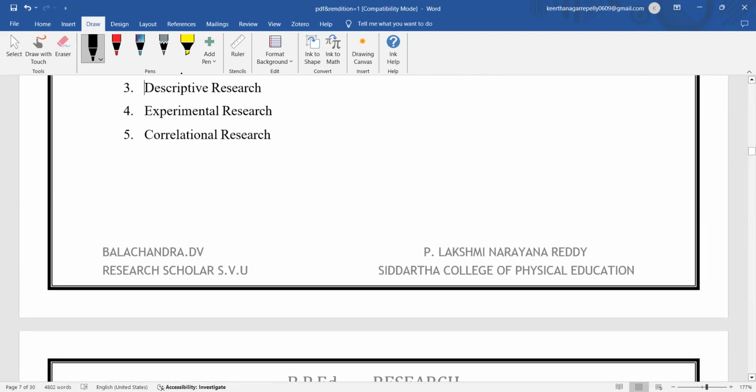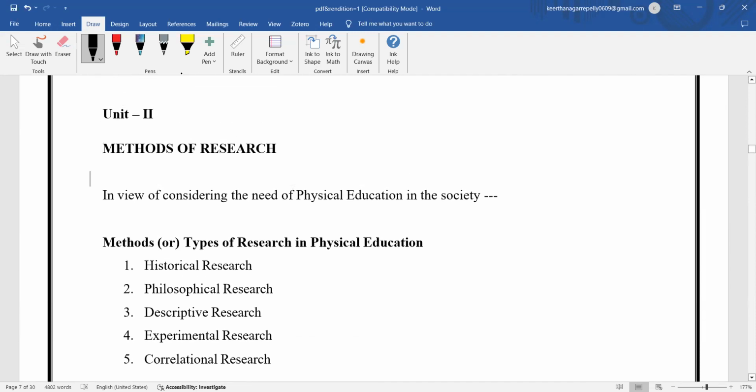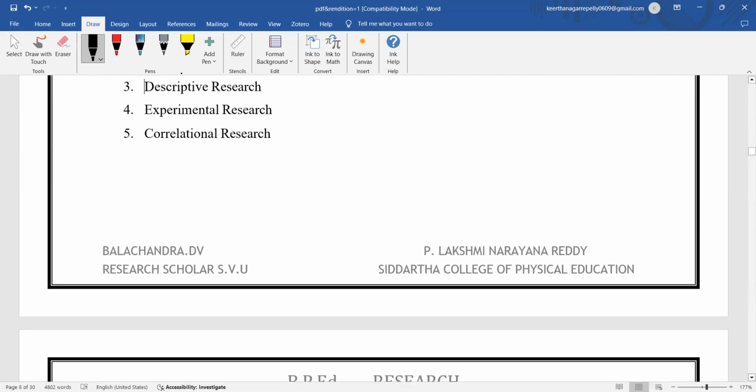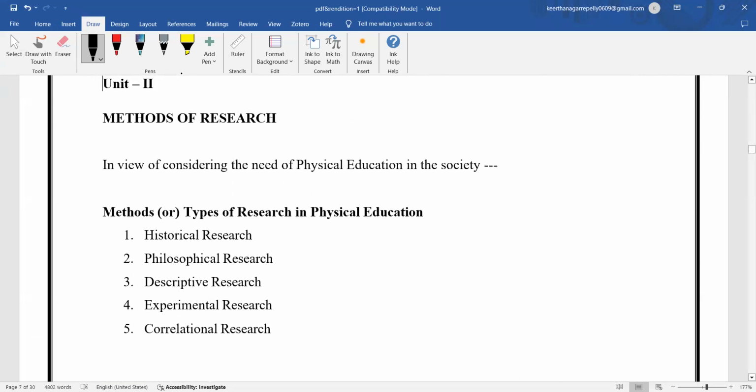I think we are finished with the last topic of the first unit. Now let us get into the next unit, which discusses the methods of research, or you can call them the types of research, in view of the need of physical education in society.